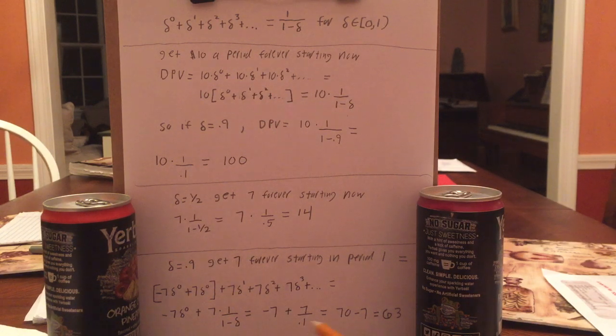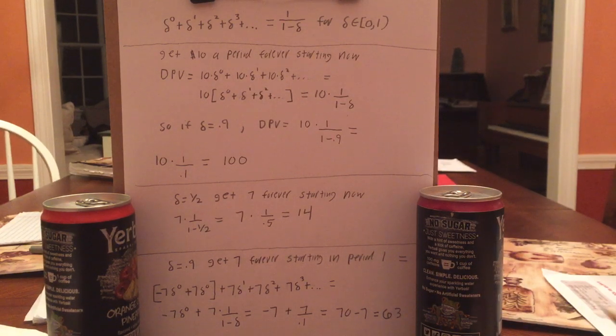So it's got to be worth 7 less to get a promise of $7 forever starting in period 1 than it is getting 7 forever starting in period 0. And we know getting 7 forever in period 0 is worth 70. So this is what we get.